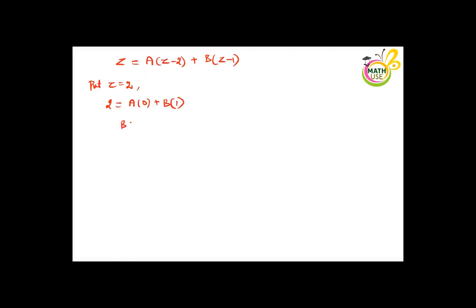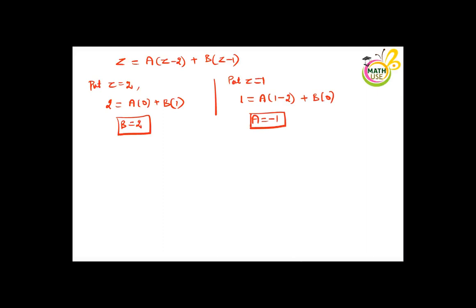So we get the b value, your b value is 2. The next thing, we need to find the a value. So by putting z equal to 1, we get 1 is equal to a into 1 minus 2 plus b into 0. So we get the a value, it is minus 1.